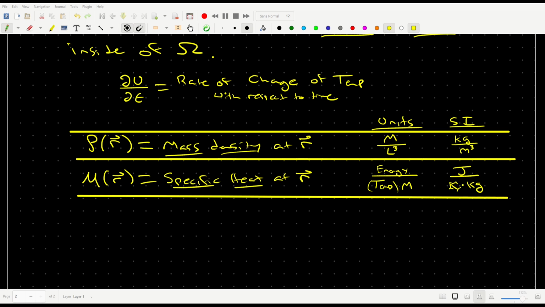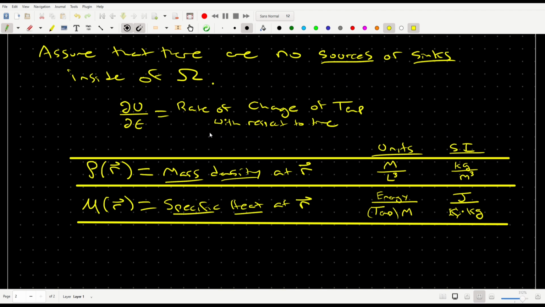And because each of these things we can in some sense think of as a density, even the partial derivative, partial u, partial t, this is measured in units of temperature over time, or in SI, degrees Kelvin per second.